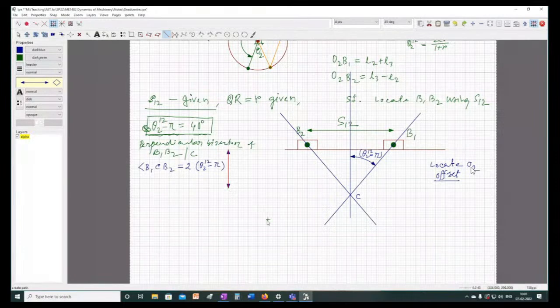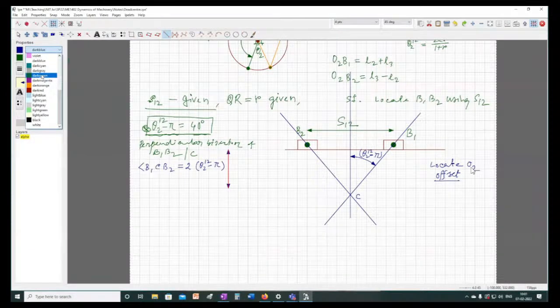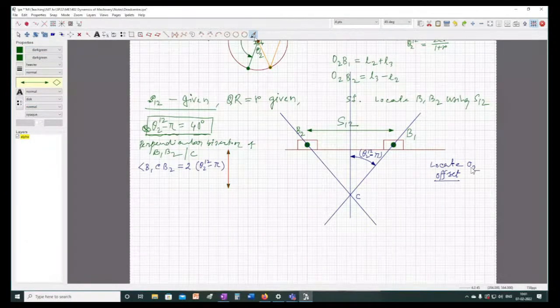Suppose this is the offset distance. Let's say E is the offset. This distance is given or you have assumed.